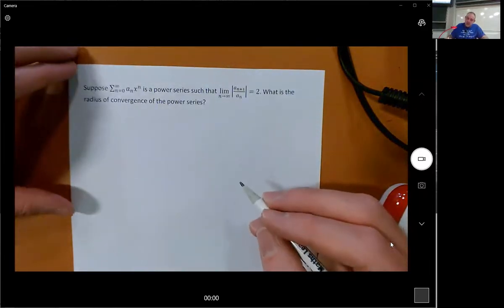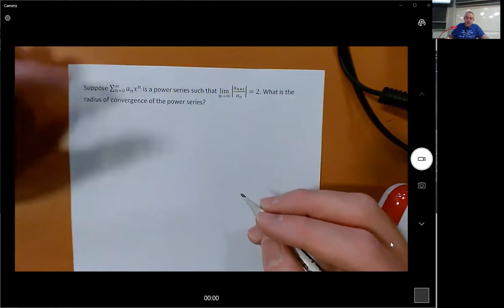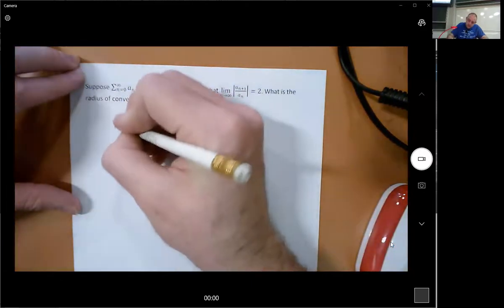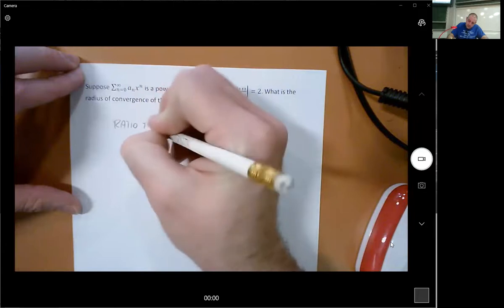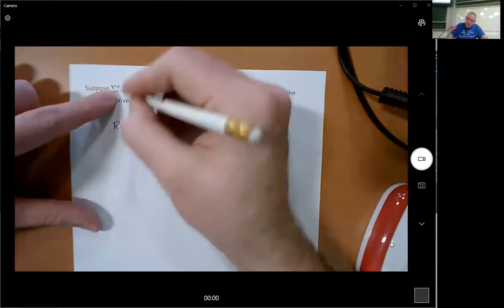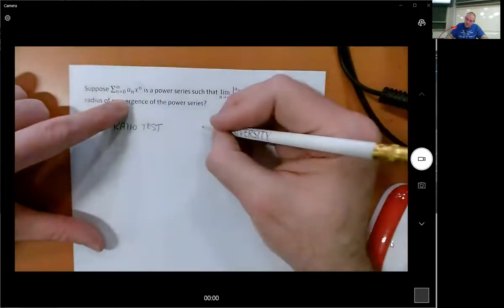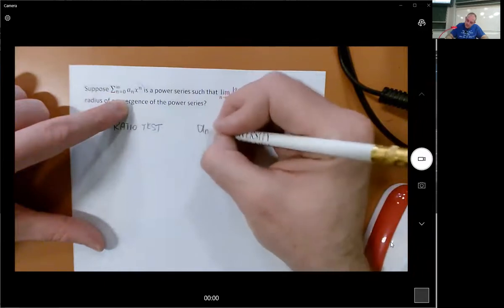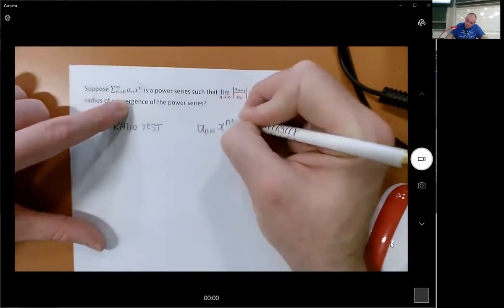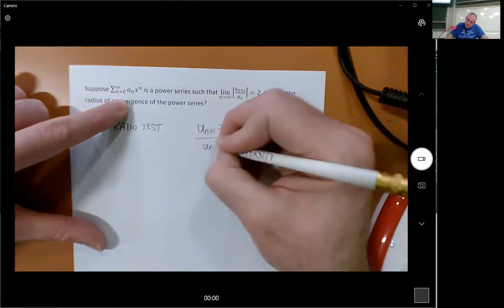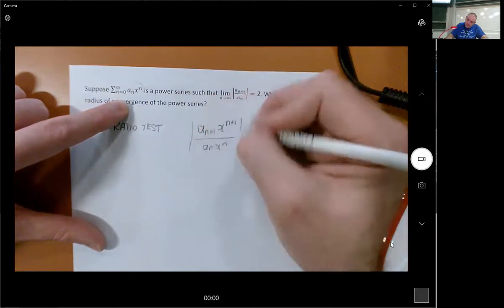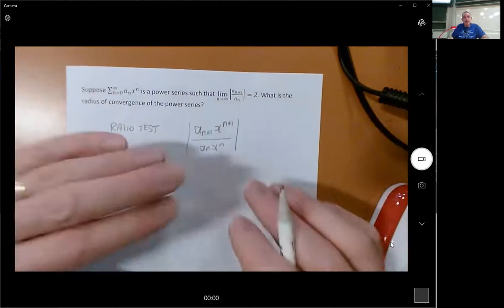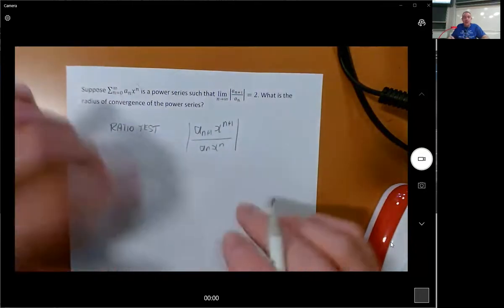And I would normally find that by doing the ratio test on this. And so I do the n plus 1th term of this divided by the nth term of this and the absolute value of that. And I'd figure that out, and then I do the limit of that, and that should tell me things.